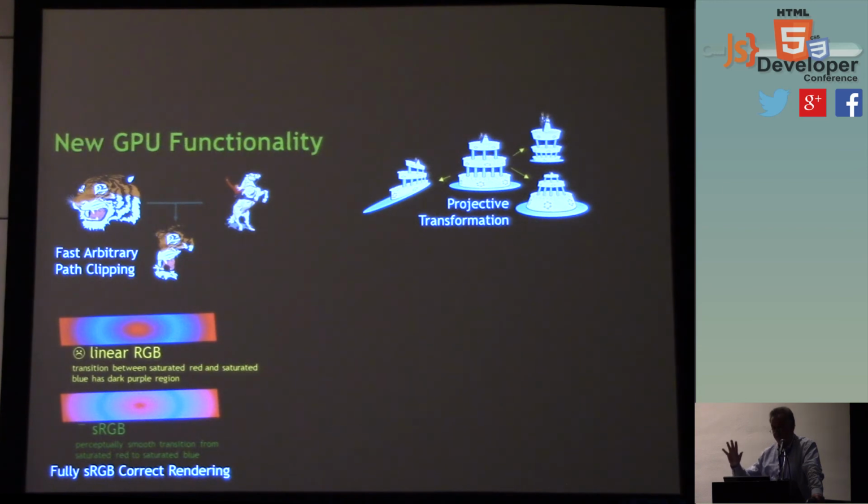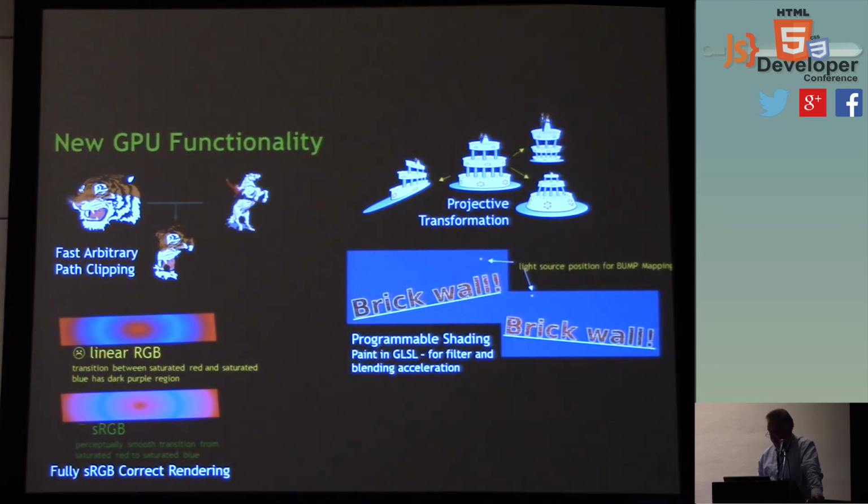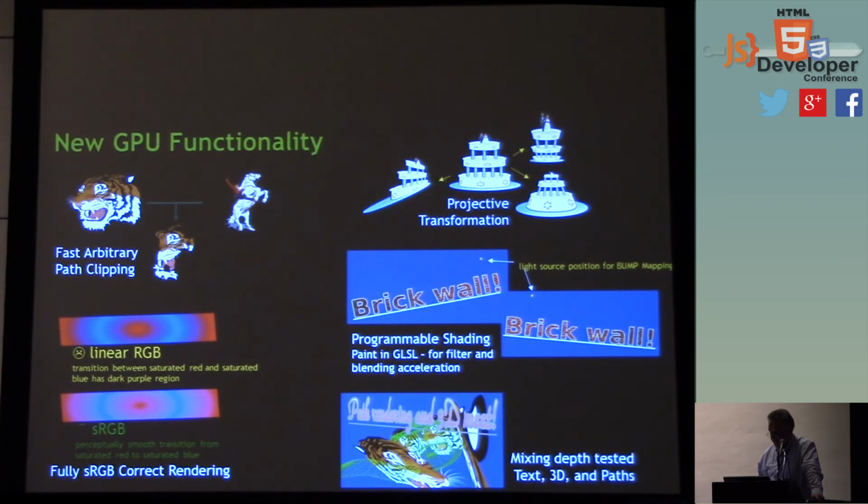We're not limited to planar 2D. We can actually do sRGB correct rendering. We can actually run shaders through the stencil, so we can begin to do 3D effects like bump mapping with light sources. And the depth buffer is fully supported, so we can begin to mix 2D and 3D.